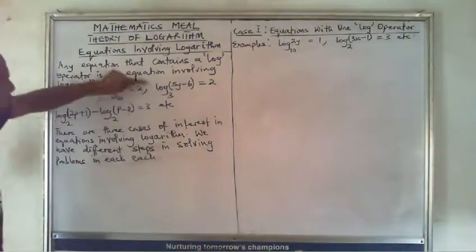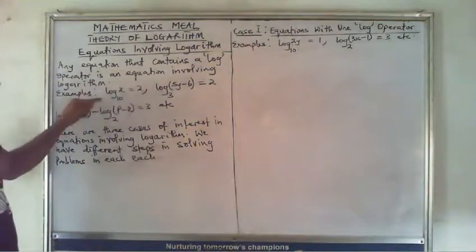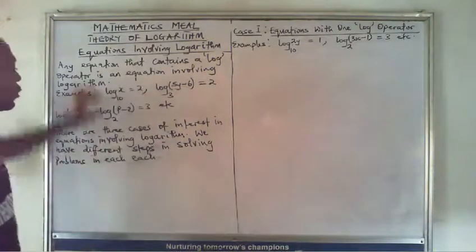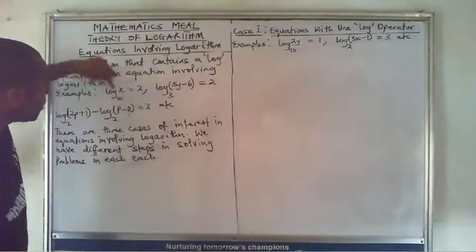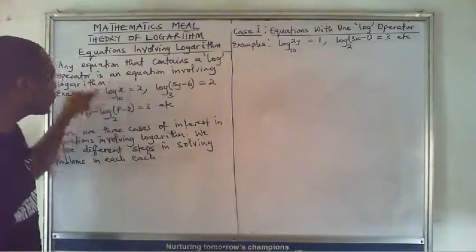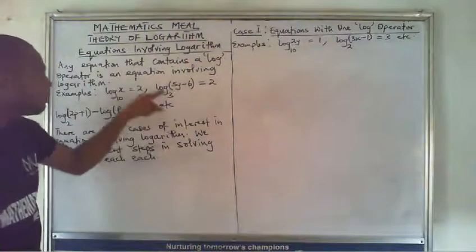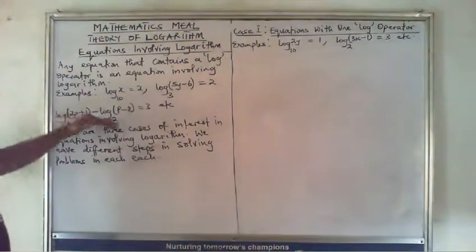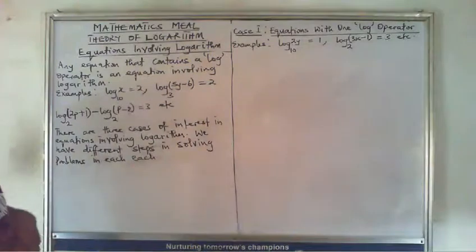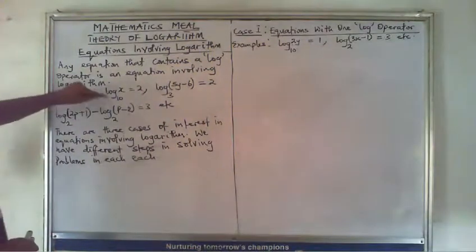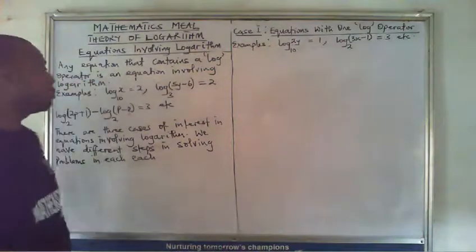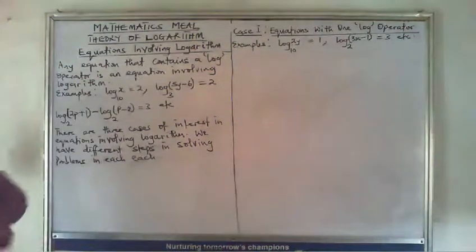Now you see in this equation, because we have two sides separated by what? An equality sign. So this is an equation. Then what makes it equation involving logarithm is because of the presence of this log operator. The same thing here. In this case, we have more than one log operator. So once we have an equation containing this log operator, that equation is equation involving logarithm.